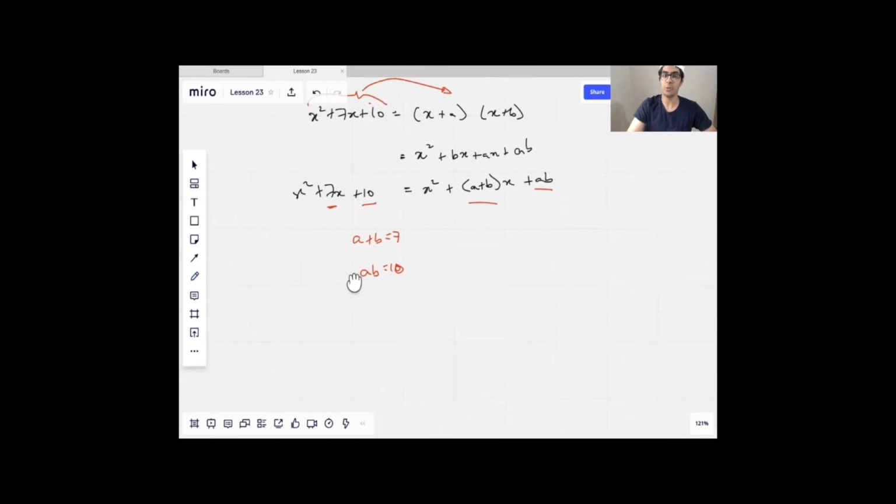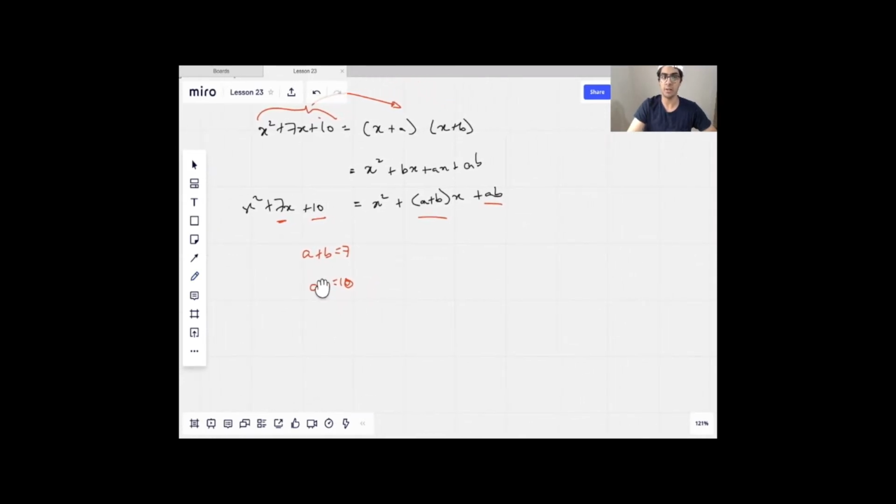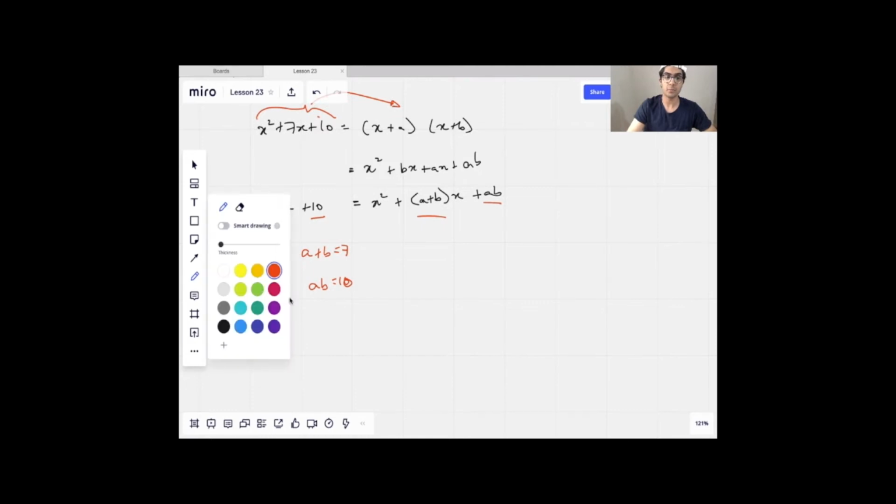The way you really do this is actually a bit of trial and error and guessing. If ab equals 10, then two numbers that multiply together to equal 10 could be 1 and 10, or 5 and 2, and those are really the only two options.